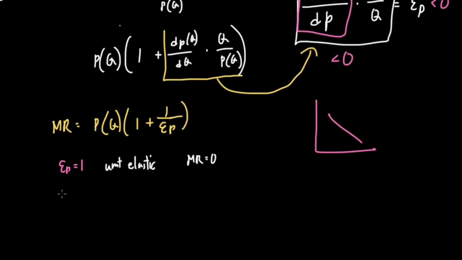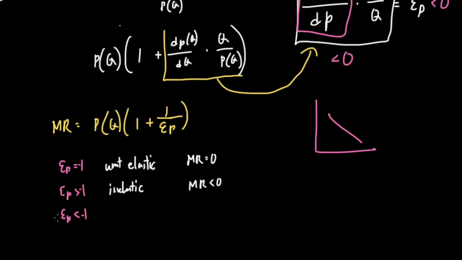When EP is greater than -1, then this is what we call inelastic, or the demand is inelastic at this point, and marginal revenue is less than 0. When EP, I think we all know where this is going, my bad, this is supposed to be -1, -1, and -1.